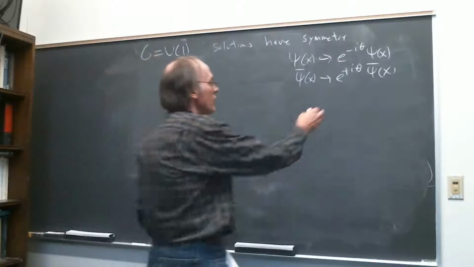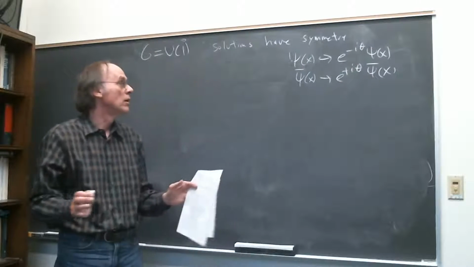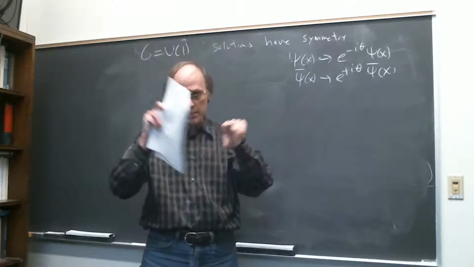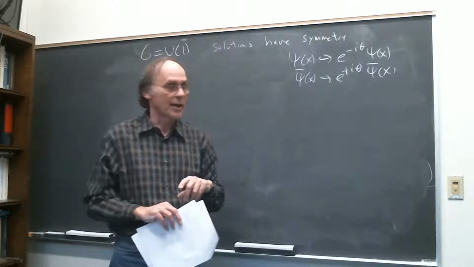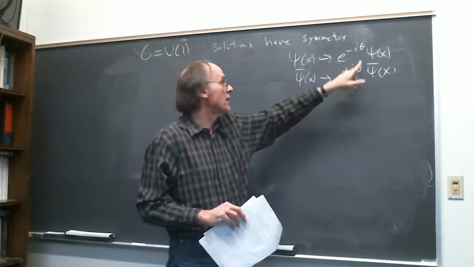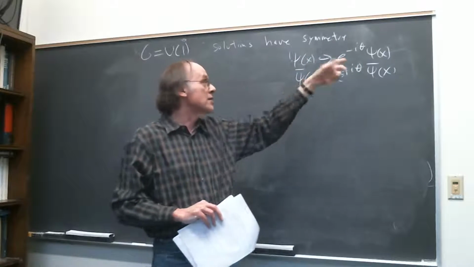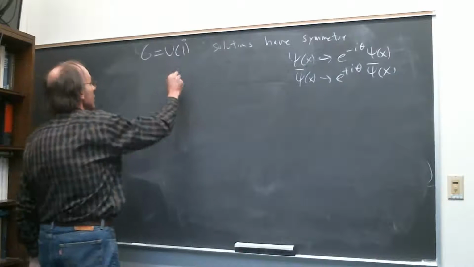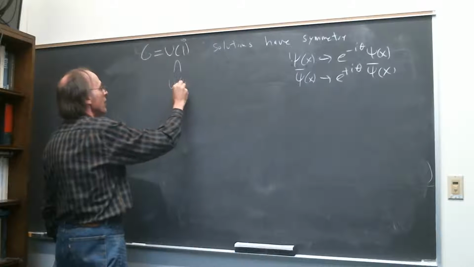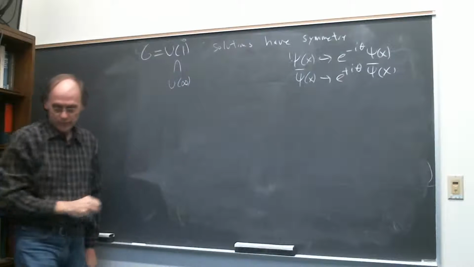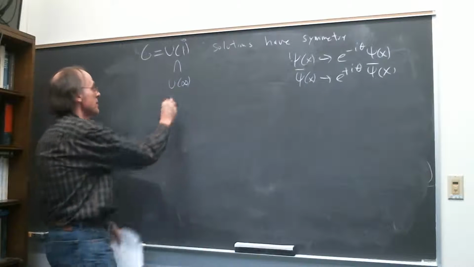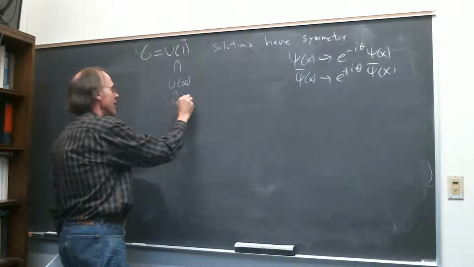If you think about what the Poisson bracket is in these, it's something like the bracket of Z and Z bar equals I. If you multiply by phases, the Poisson bracket is going to be invariant under these transformations. And so this U(1) lies inside U infinity, of all unitary transformations, which is inside Sp infinity.